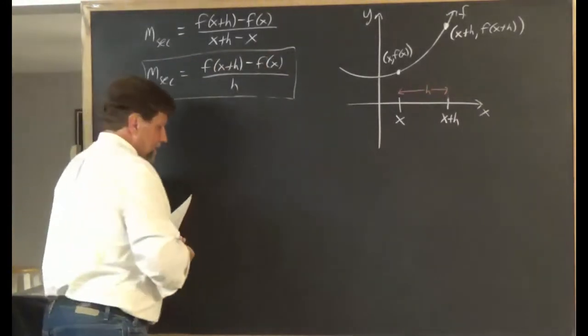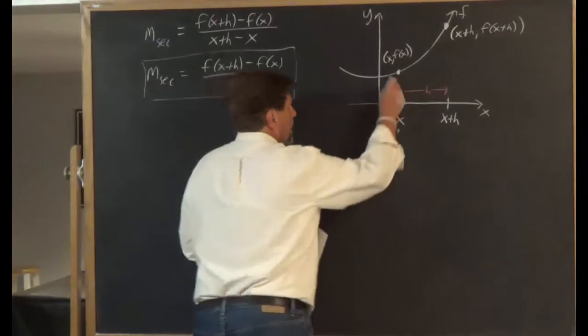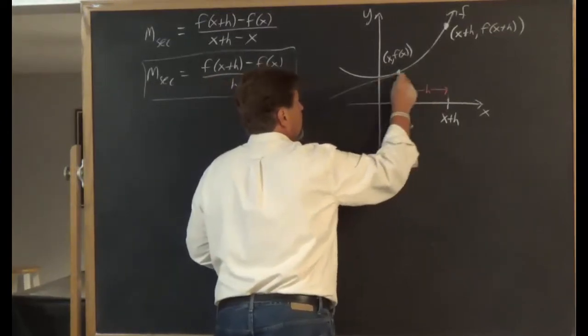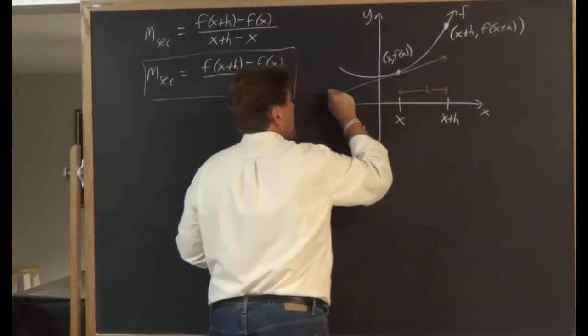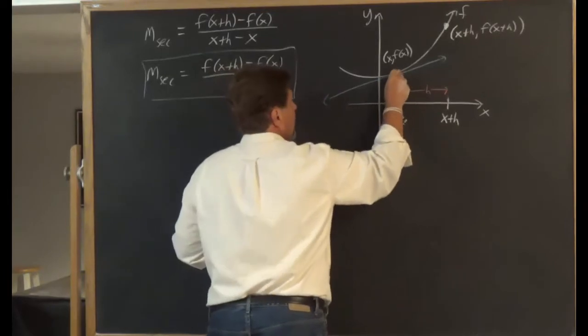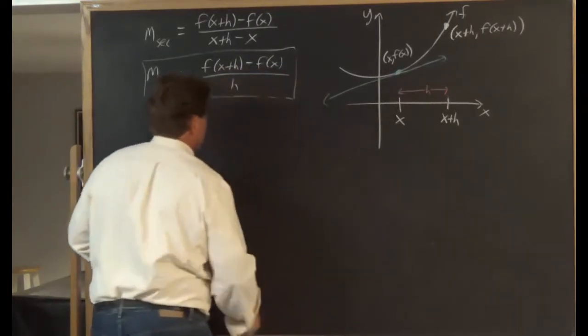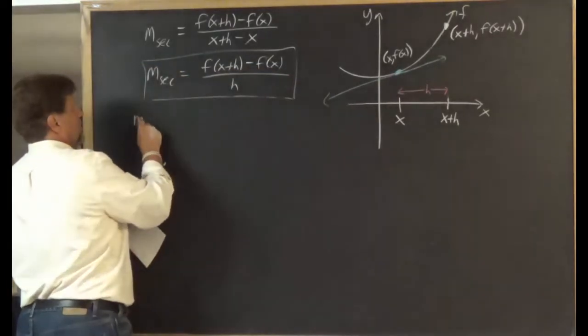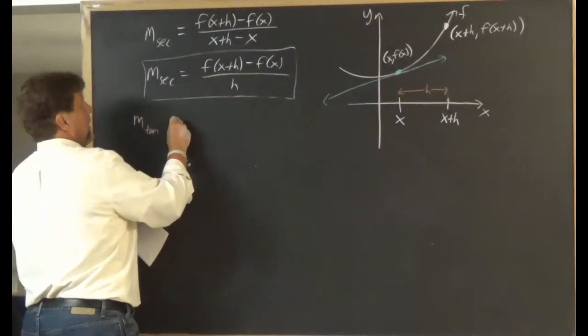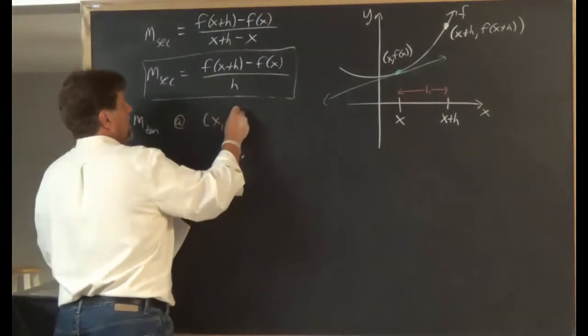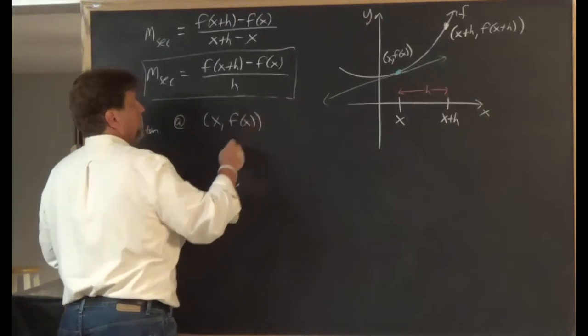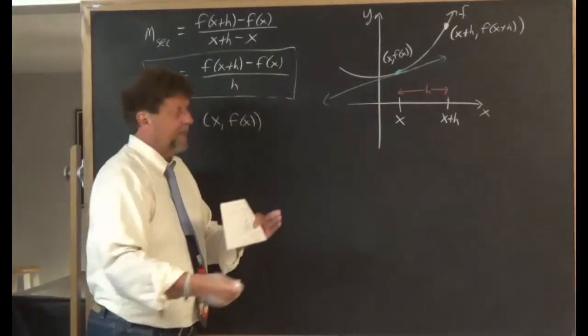Then to get the slope of the tangent line at the point x, f of x, it's the same process.